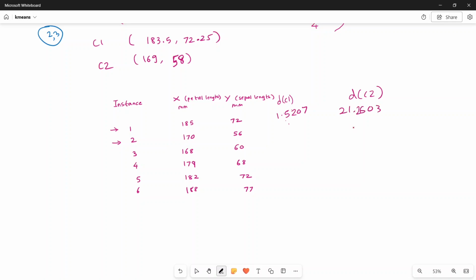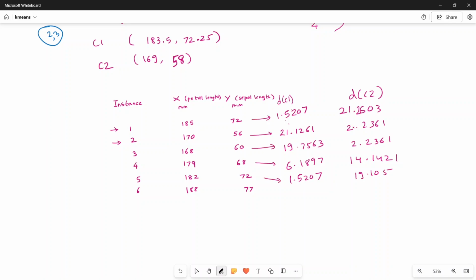For the second one it will be 12.961, here it will be 2.2361, here the distance will be 19.7563, here you have 6.1857, here you have 14.1421, here you have 1.5207, 19.105, this is for this point.